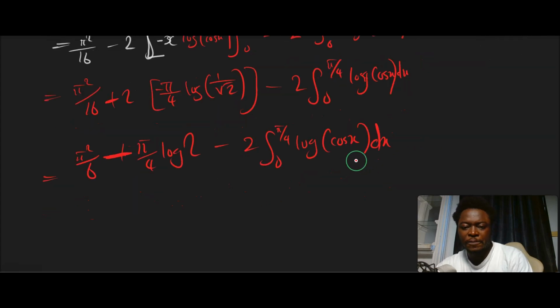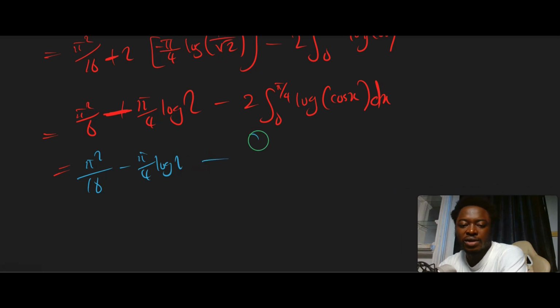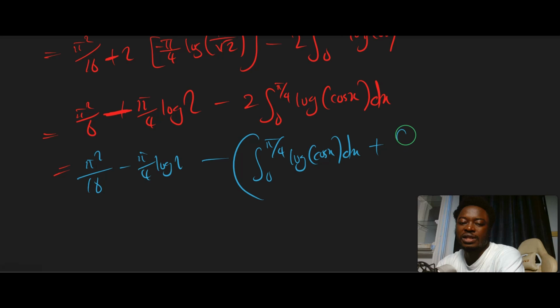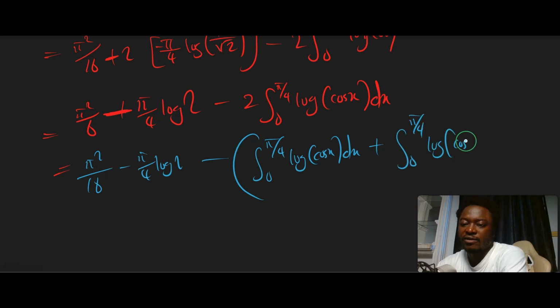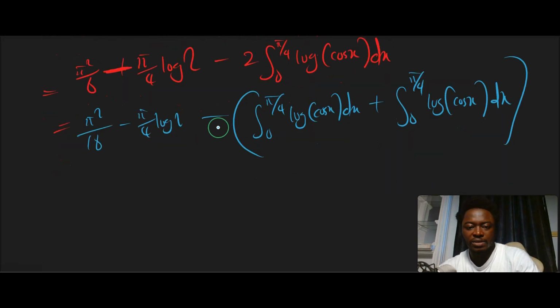The simple trick is that for this 2 here, you just write the integral twice: pi squared over 16 minus pi over 4 log 2, then minus the integral from 0 to pi over 4 of the logarithm of cosine of x dx, plus the integral from 0 to pi over 4 of the logarithm of cosine of x dx as well. So this integral has been represented this way.